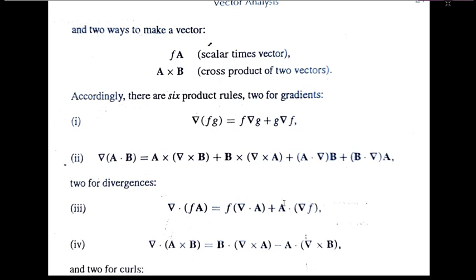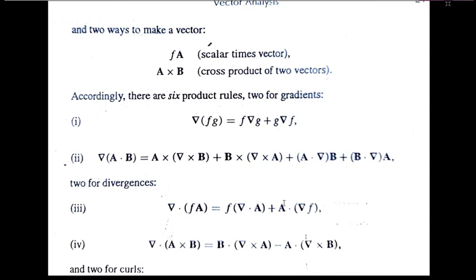We have six rules for the gradient and divergence. Let's try to understand. So gradient of f and g together could be written as f del g plus g del f. And the second way of writing the del operator is in the dot product.